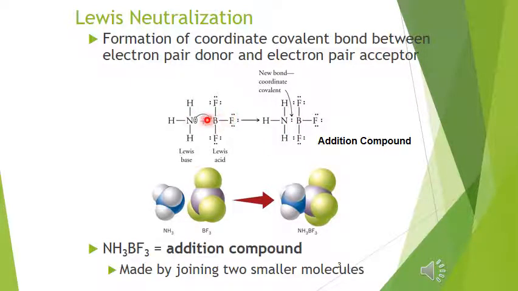So if you take organic chemistry, you will see this type of reaction all the time, where this type of molecule is what you call an electrophile, because it can accept electrons.